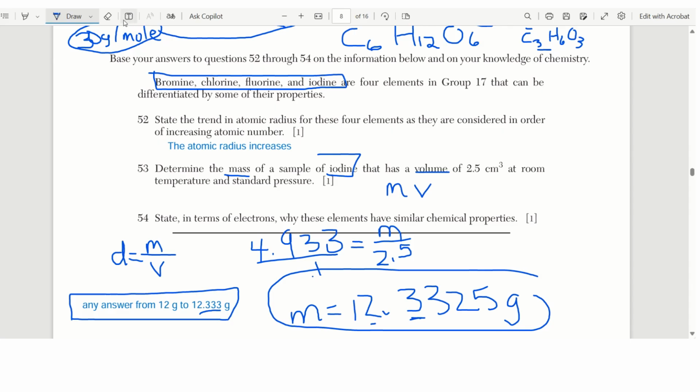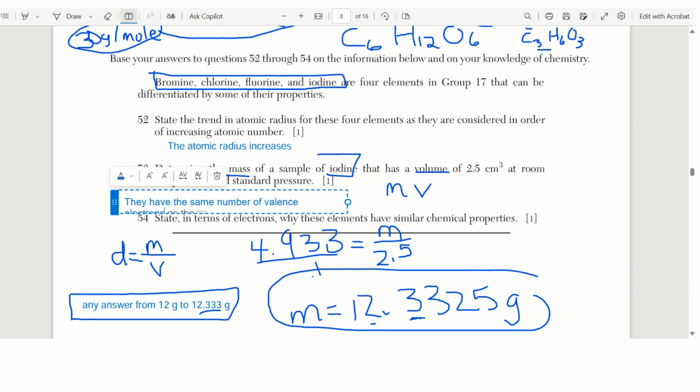Okay. Number 54, state in terms of electrons. So my answer literally must say electrons. Why these elements have similar chemical properties. They have the same number of valence electrons. That is why they have similar chemical properties.